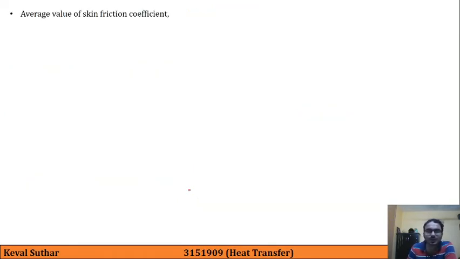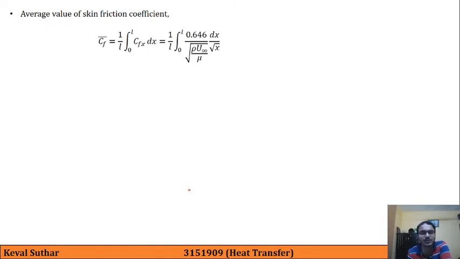Now we are going to calculate the value of average skin friction coefficient. So again, as we have done in case of Blasius solution, we can do the same procedure, and we can obtain the value of skin friction coefficient given by this formula. That is, we are going to apply 1 upon L integration Cfx dx.